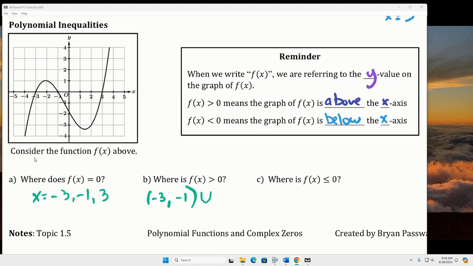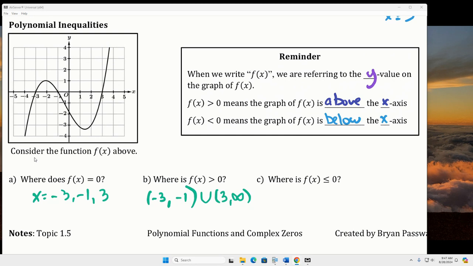Now, this U means union, and you're just saying this is multiple intervals where this is true. What x do we start being greater than again? 3. And this doesn't have a restricted domain, so it's going to go forever in both directions. Forever to the right, or to infinity, the graph is going to be greater than 0, or positive.